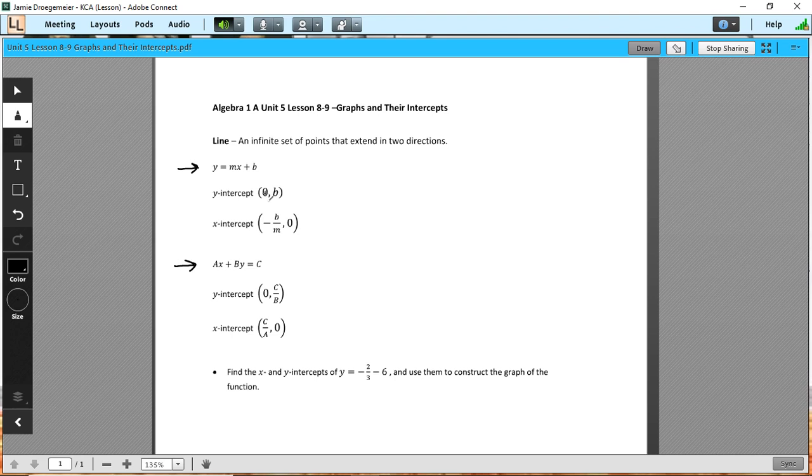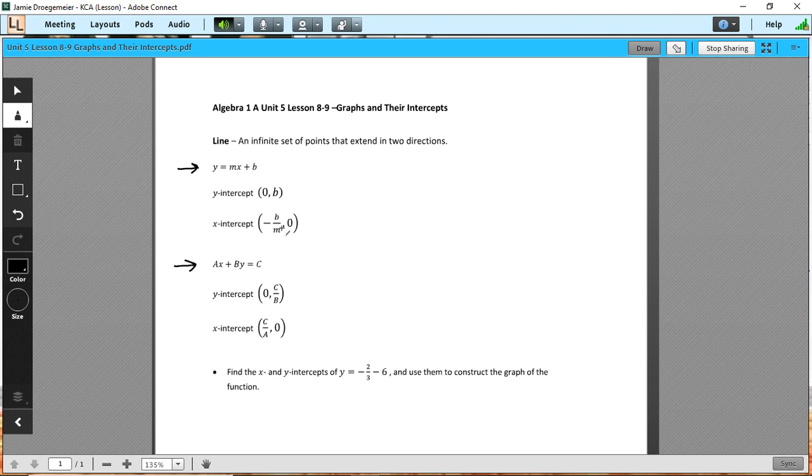So if we look at it in terms of a point, x is 0, and then there is a y value. Well, in slope-intercept form, we know that y-intercept right away because it's a part of that format. It's the number that's being added or subtracted after the slope is being multiplied by the x. So b represents that y-intercept. And so in slope-intercept form, the y-intercept is always 0, and then whatever that b value is. So 0 is the x, b is the y.